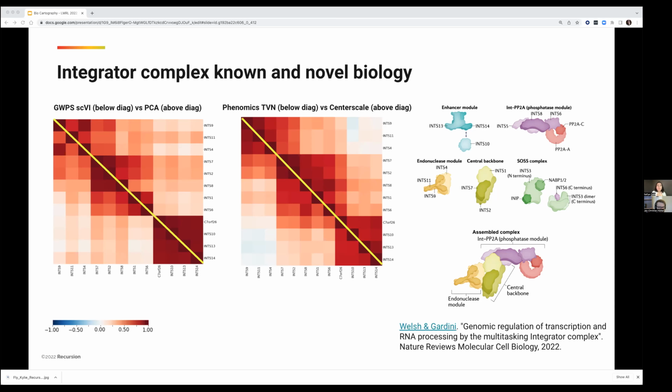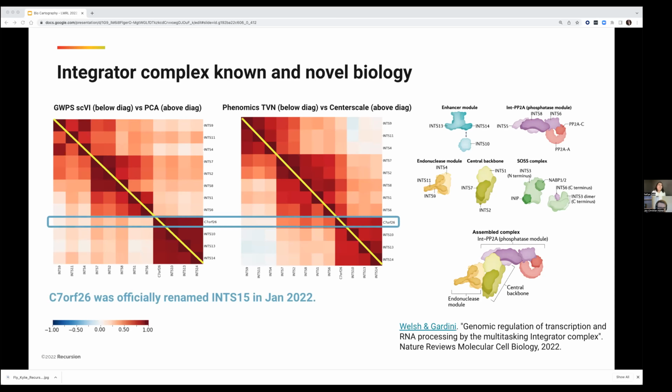The known biological structure of the integrator complex is presented on the right so that we can compare. So the thing here is we see that both data types and all 4 maps that we built accurately identify the modular structure of the integrator complex. And the interesting thing is all can identify a previously unknown gene, C7orf26, as part of the integrator complex.